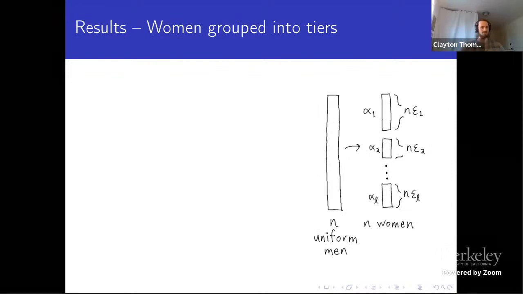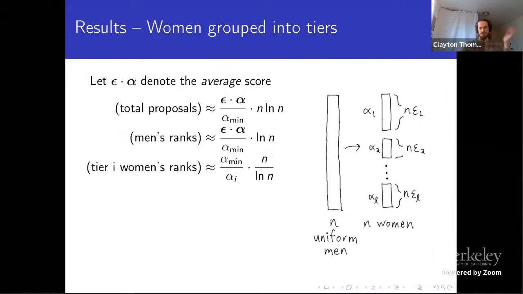Okay, so diving into the results. For the purposes of this talk, I'll phrase the results first where only the women are in tiers, and then when only the men are in tiers. So these expressions end up giving the rank that agents on both sides of the market end up achieving. The first thing we can notice is that up to constant factors, this matches the uniform setting.